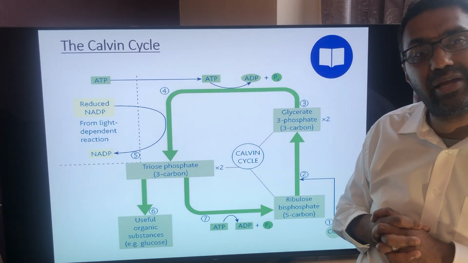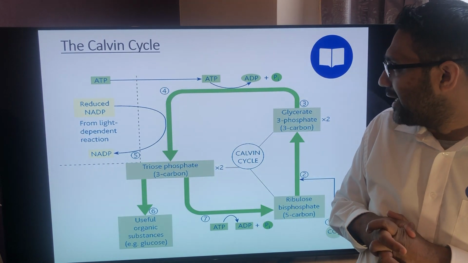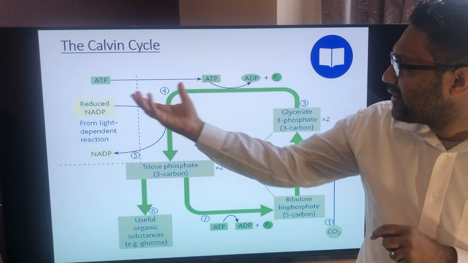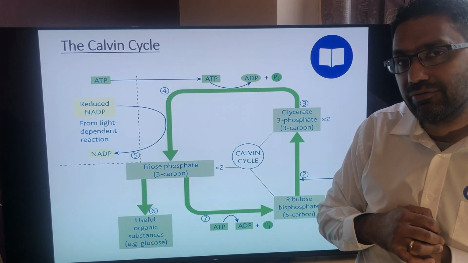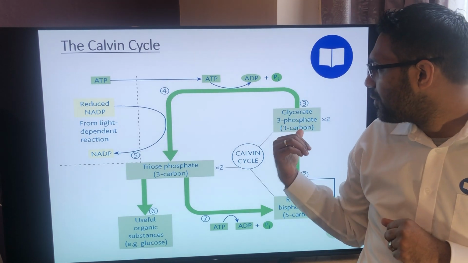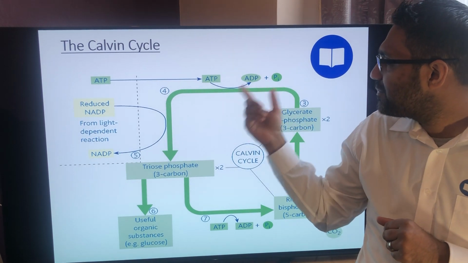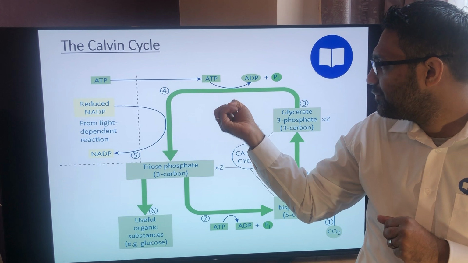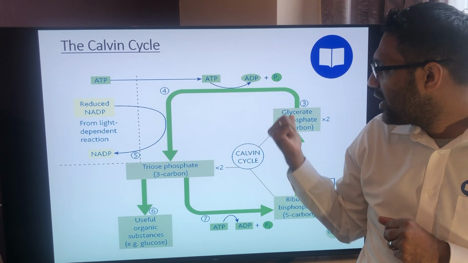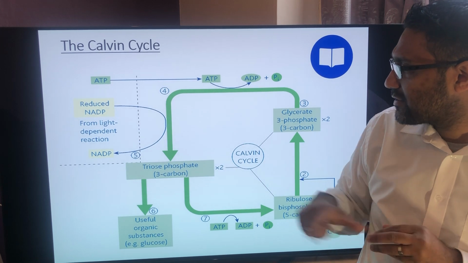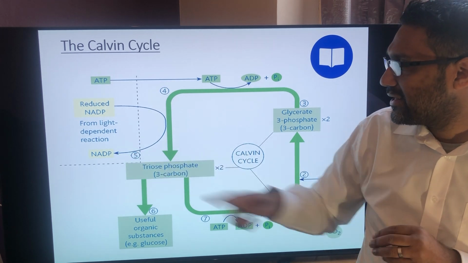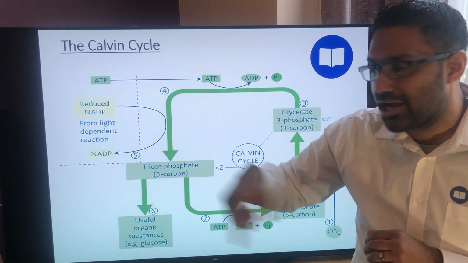So this 3GP is where the ATP from our light dependent reaction is needed to help convert. ATP is transferring energy, and our reduced NADP is becoming oxidized because it's lost the hydrogen ions.